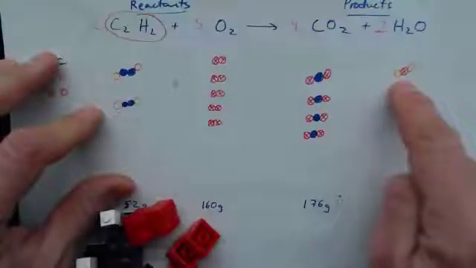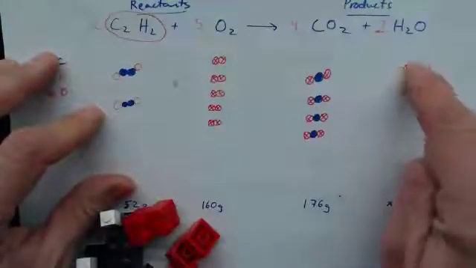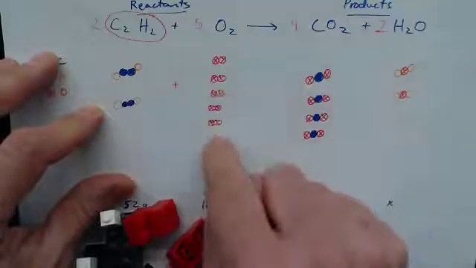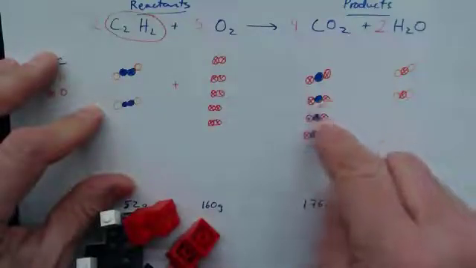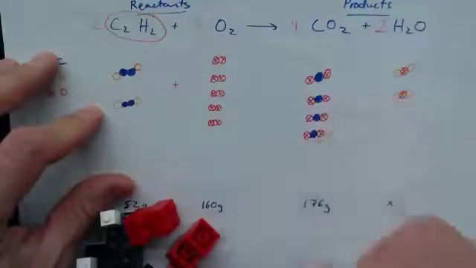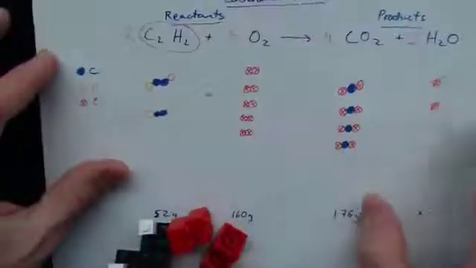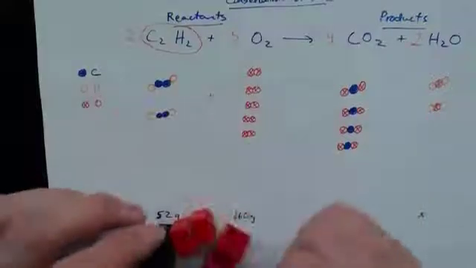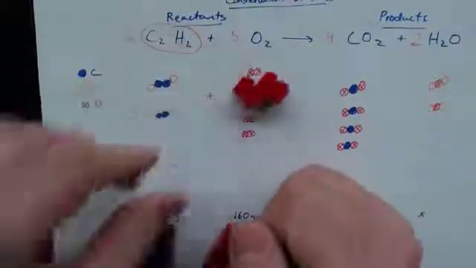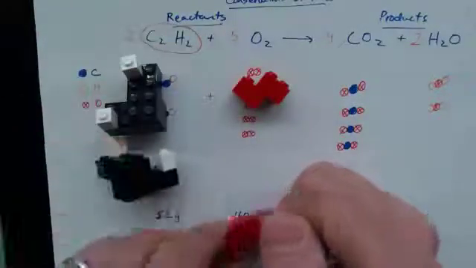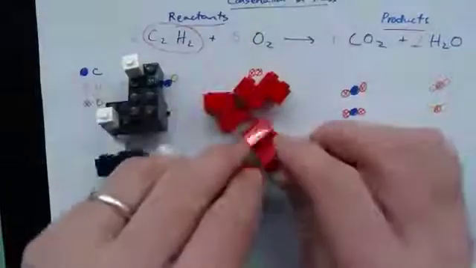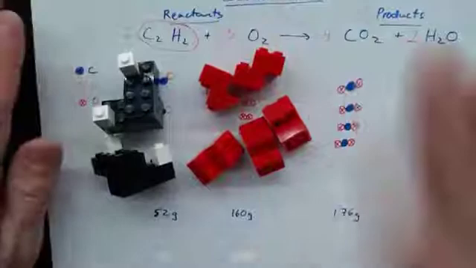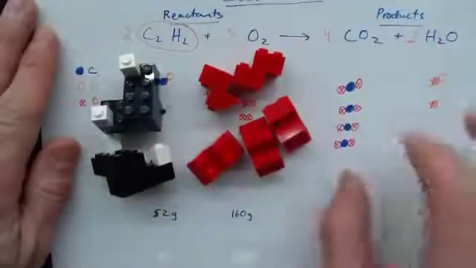Well, those went over here to become part of the H2O. There's 2 of them. And I had 10 oxygens, and there's 1, 2, 3, 4, 5, 6, 7, 8, 9, and 10 oxygens. So the particles were conserved, and so should the mass be. Okay, so at the end, maybe I'll go through the trouble of rearranging these again. But now the particles are conserved, and you should see that.